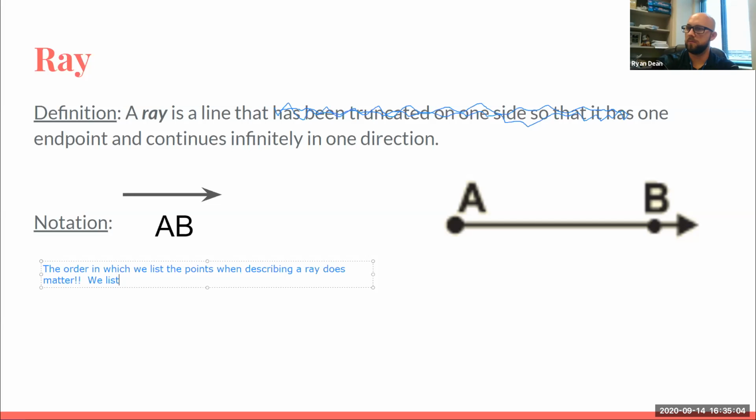We list the points to where the endpoint is listed first. Okay, so in this case, our endpoint is here at A. And an endpoint, if you don't know this already, is just where a line stops.